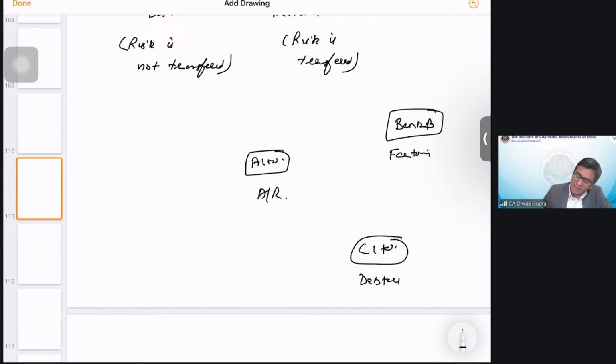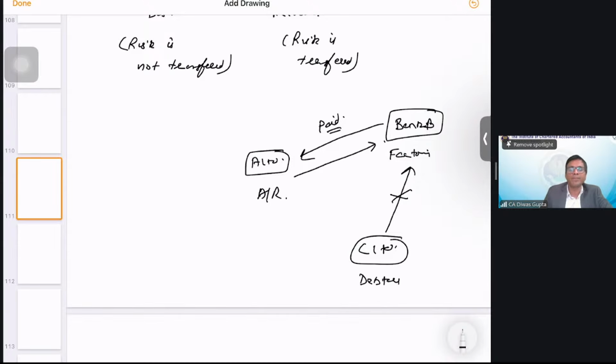Now, if bank B has already paid A Limited at the time of factoring, now C Limited will pay bank B. If they don't pay, then in the case of recourse, bank B will ask A Limited to pay the amount. So the risk is still with company A Limited. This is the case of recourse.